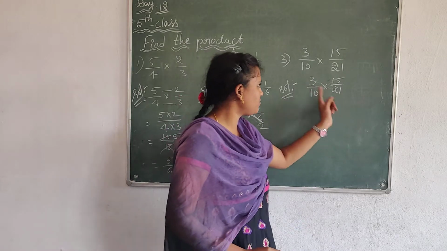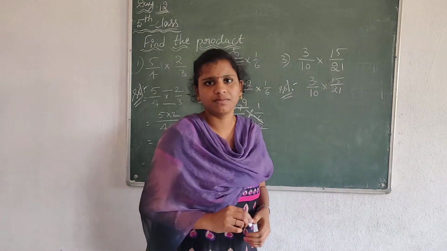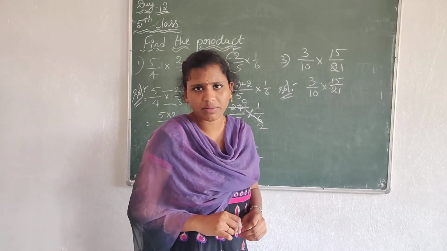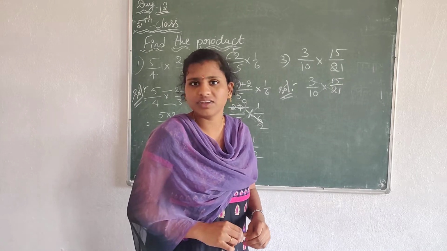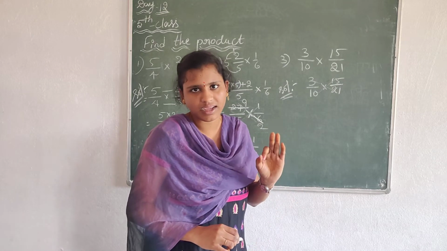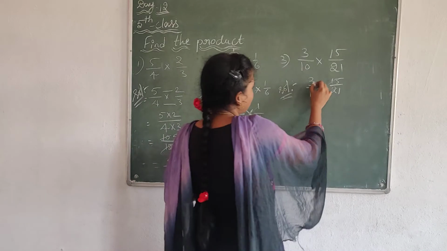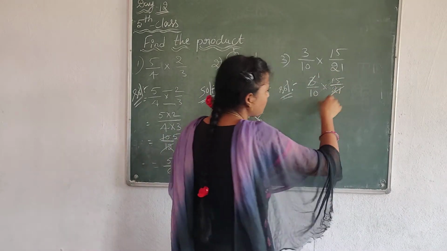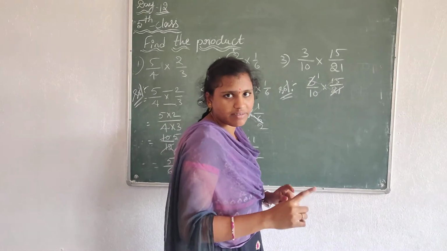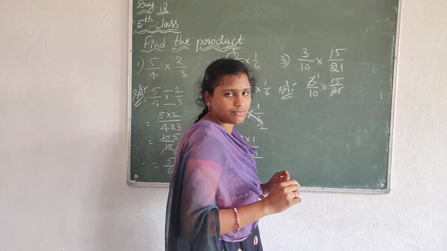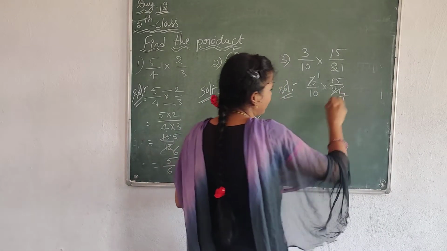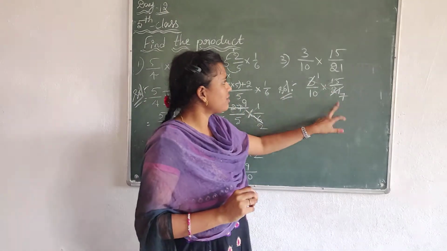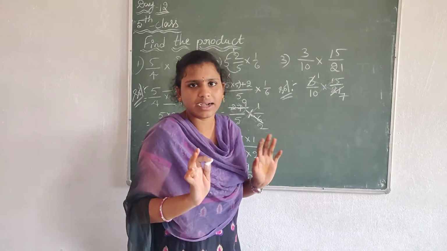First these two numbers, 3 and 21. Do these two cancel in any common table? Yes. Which table? 3, right? So cancel here. 3 table, 1 time. How many times here? 3 7s is 21, so 7 times. Is it clear? So these two are cancelled by the 3 table.